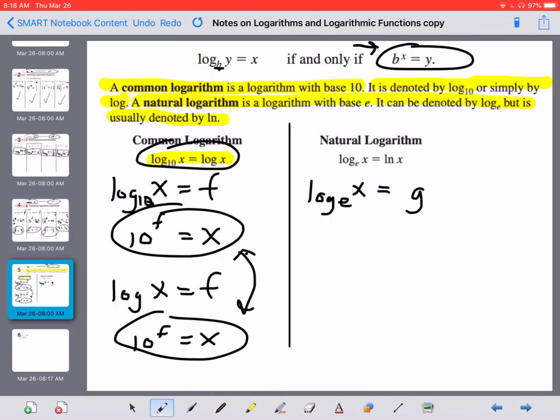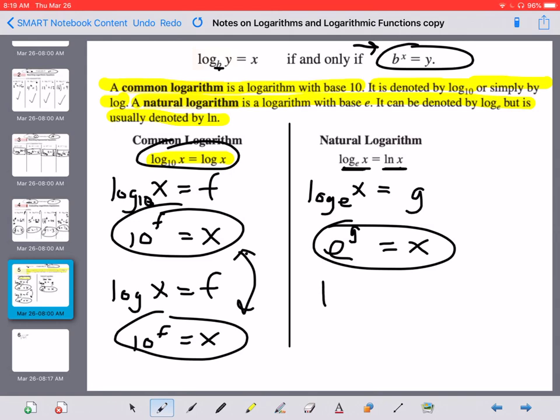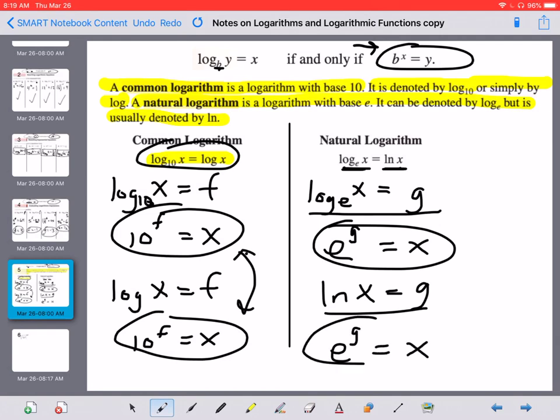If I was to rewrite this in exponential form, it would be e to the g equals x, okay? Now, this is the same as ln x equals g, okay? This whole thing and this whole thing will give you the same exact thing, okay? So notice, these two things are the same, all right?